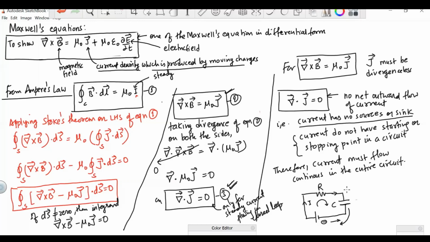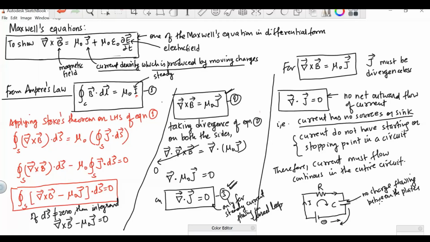So we need to understand this. There is no charge flowing between the plates of the capacitor.